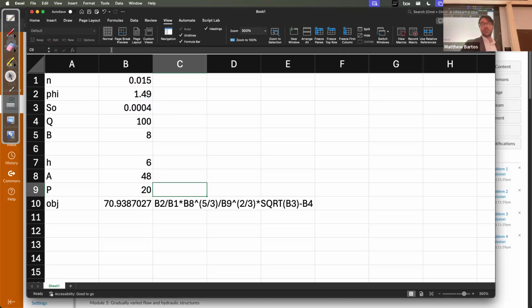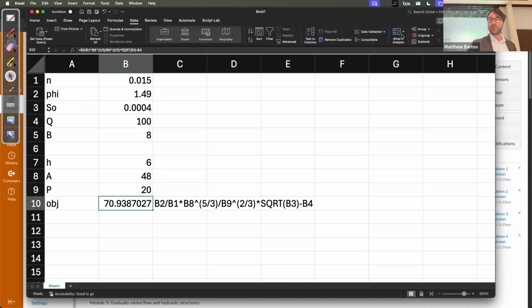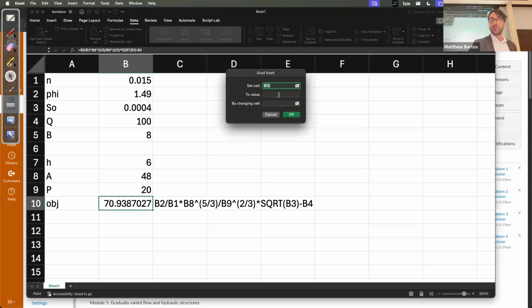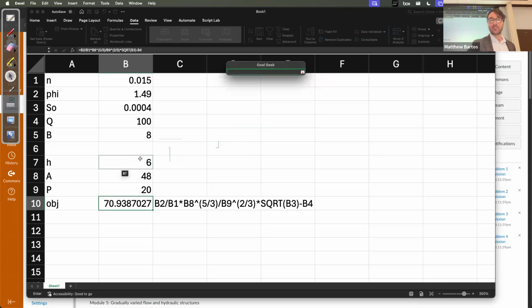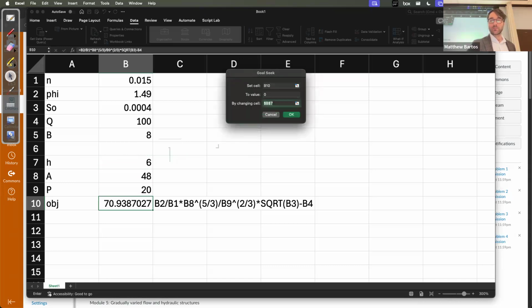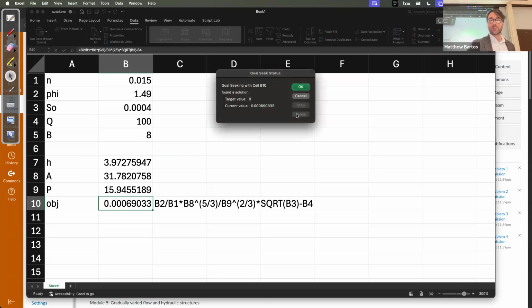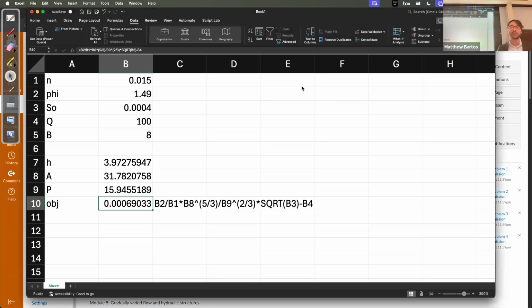So we can solve this either using solver or goal seek. I'm going to use goal seek just because it's a little faster. So I'll go to what if analysis, goal seek. I'm going to set cell B10 to value of 0 by changing cell H. And if I hit enter, it will find the value of H that satisfies that objective function, which is about 3.97.